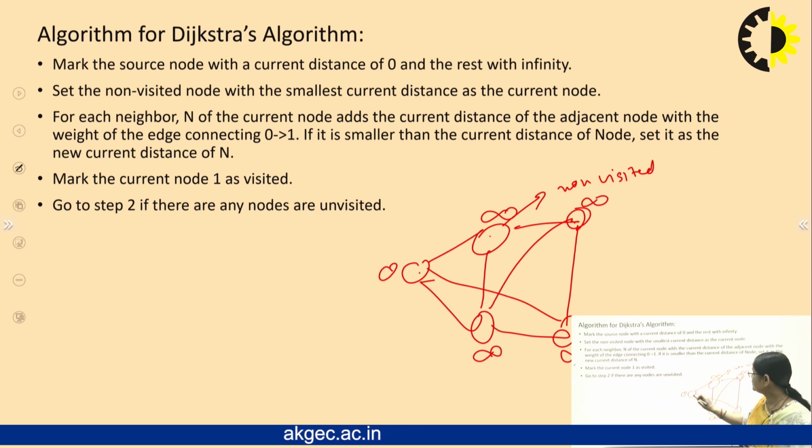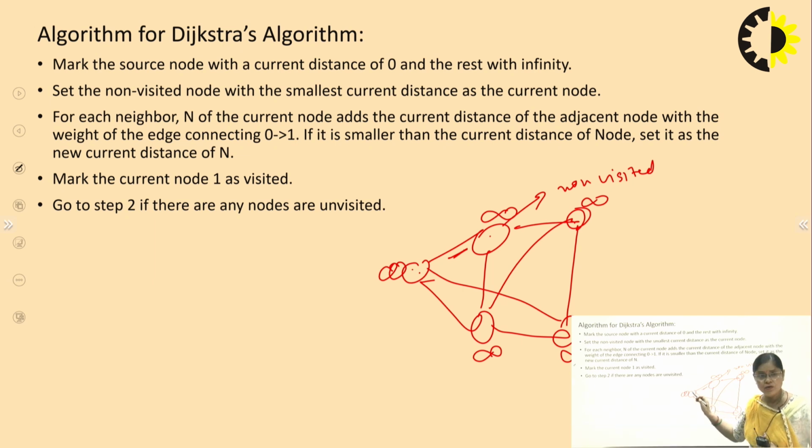Now, for each neighbor, what are we taking? We are taking this weight and adding it, okay? And if it is less than the weight of the current vertex, then it is updated to this one, and the old value is cancelled, right?